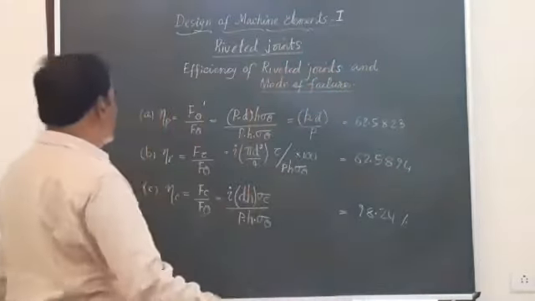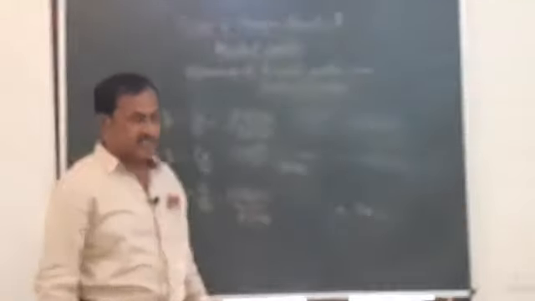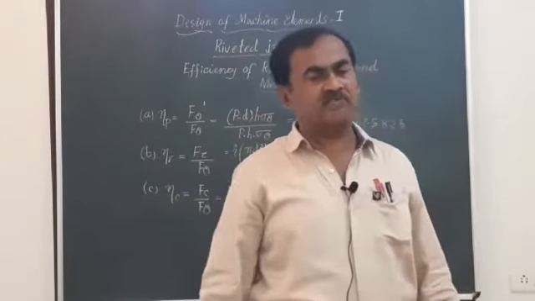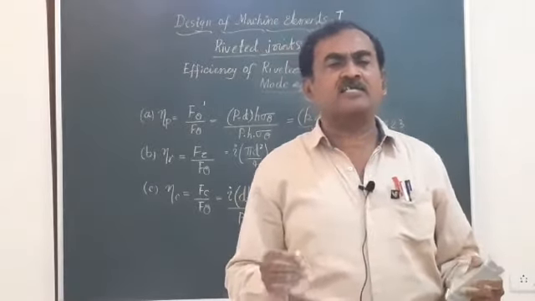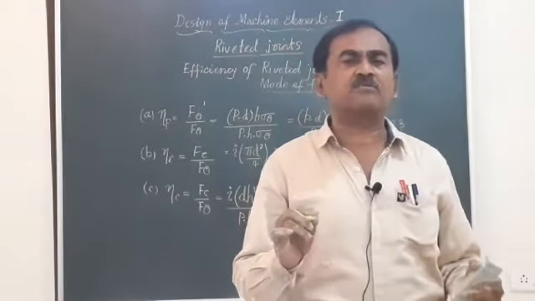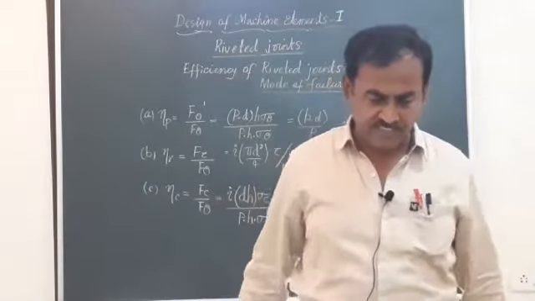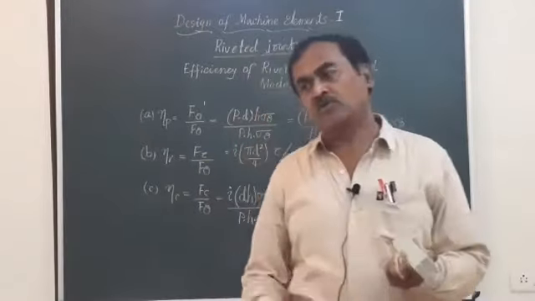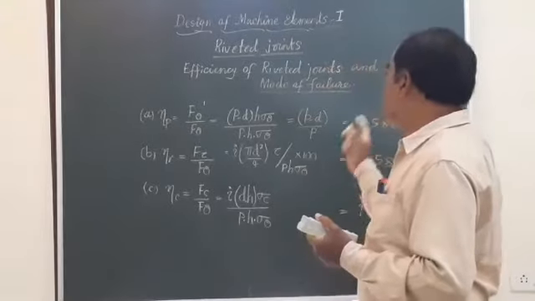And in some cases, maybe eta C is the least of all, and we will say the efficiency of the joint is that eta C value, and the mode of failure is by crushing of the rivets or the plates.